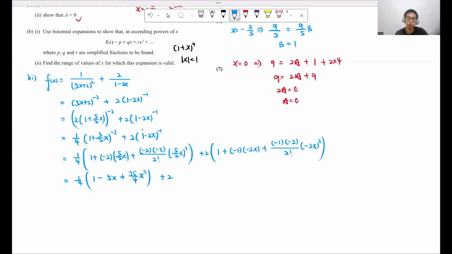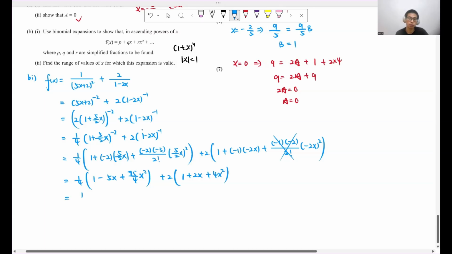So for the next one, it'll be 2 times (1 + 2x, and then plus negative 1 times negative 2, which just becomes positive. And 1 times 2 is the same as 2 factorial, so they cancel out. Negative 2 squared is 4, so just 4x squared.